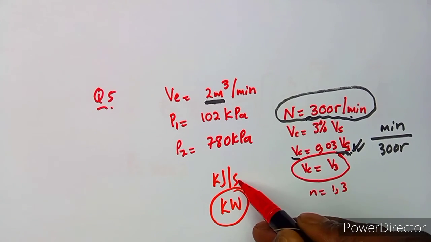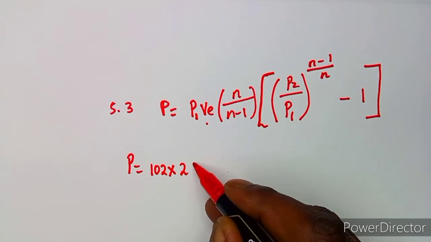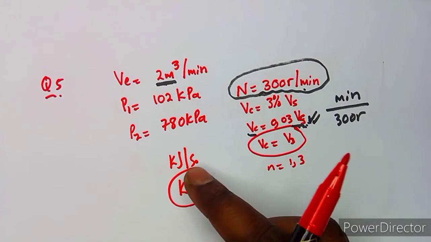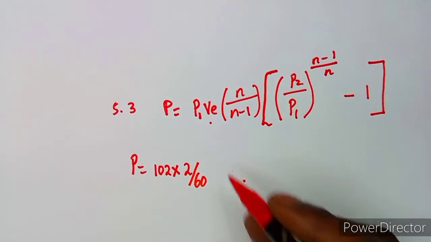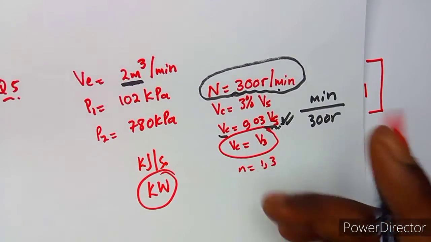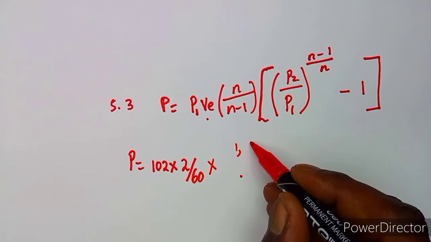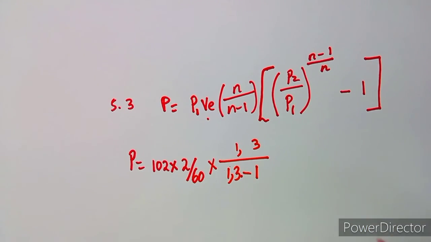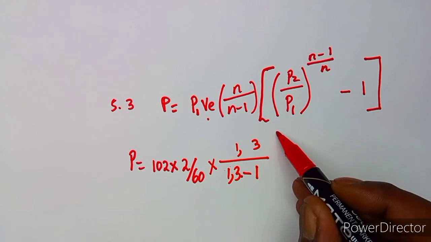So we must have per second. Divide by 60, so it's now per second, kilojoules per second. Times N over N minus 1. This is our N, which is 1,3. So it's 1,3 over 1,3 minus 1.